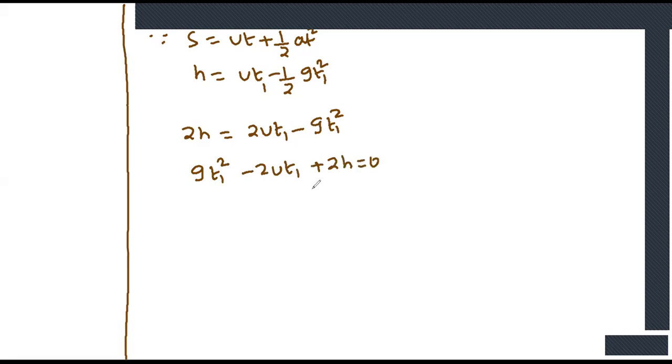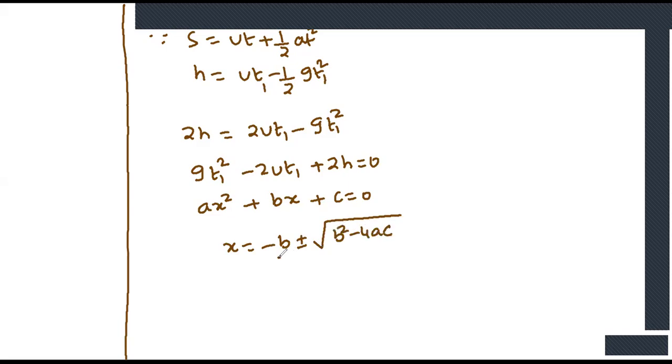It is a quadratic equation, in the form ax square plus bx plus c equals 0, with t1 instead of x. I'll find the roots using the formula minus b plus or minus under root b square minus 4ac by 2a.